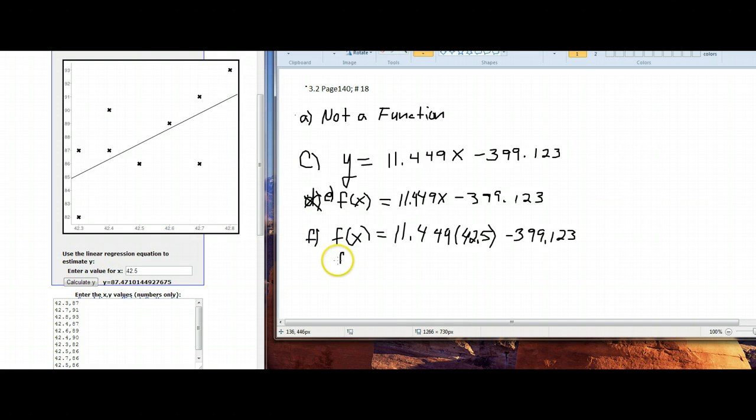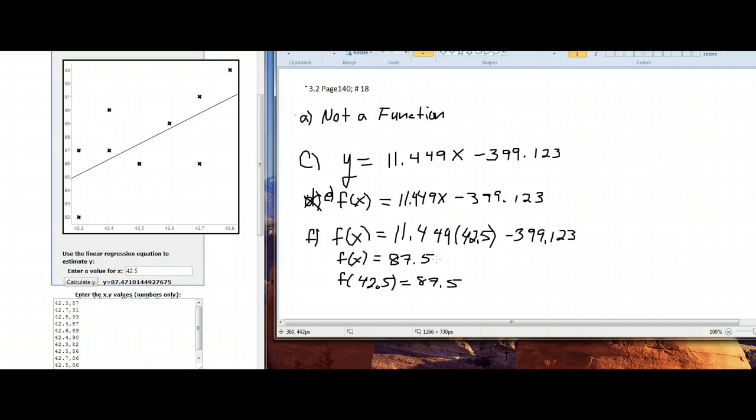So f of x, or y, equals 87.5. Now, this could be also listed as f of 42.5 because that's the number we put in place of x to get the value of 87.5. And the last item is part G.